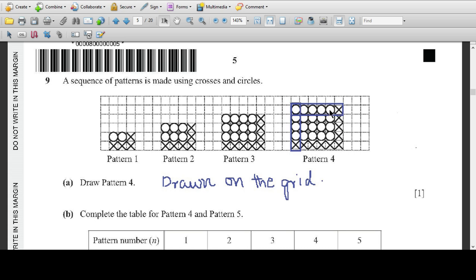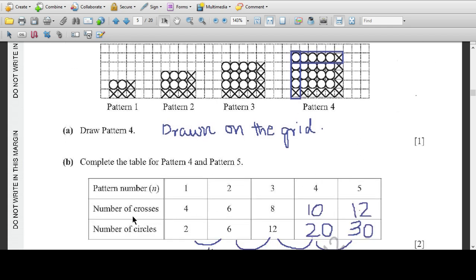So we have 1, 2, 3, up to 20. So this is 4 into 5 is 20 circles, and again 1, 2, 3, up to 10 crosses. So this is pattern 4.